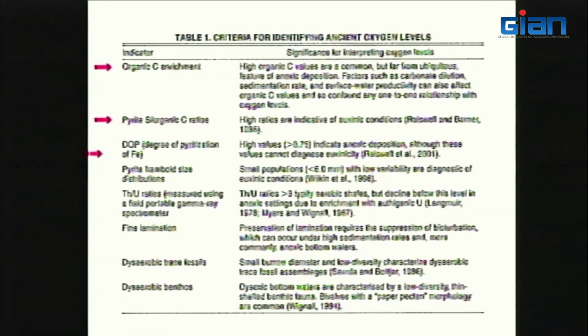You can use the degree of pyritization of the iron. You can use pyrite rhomboid size distribution. Small populations, less than 6 micrometers, are really found in euxinic waters.